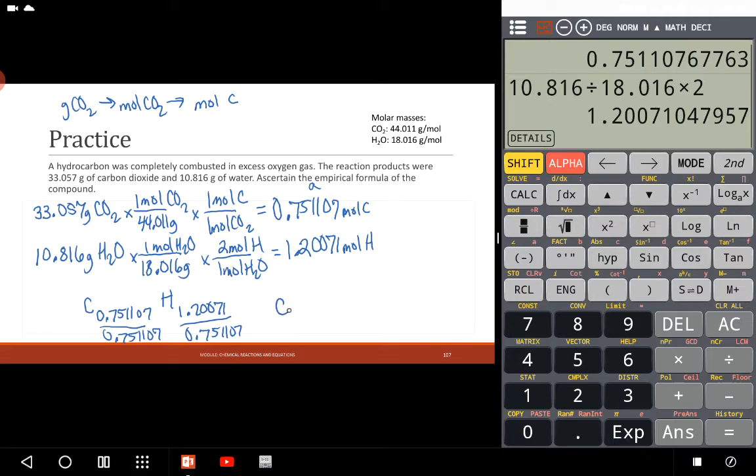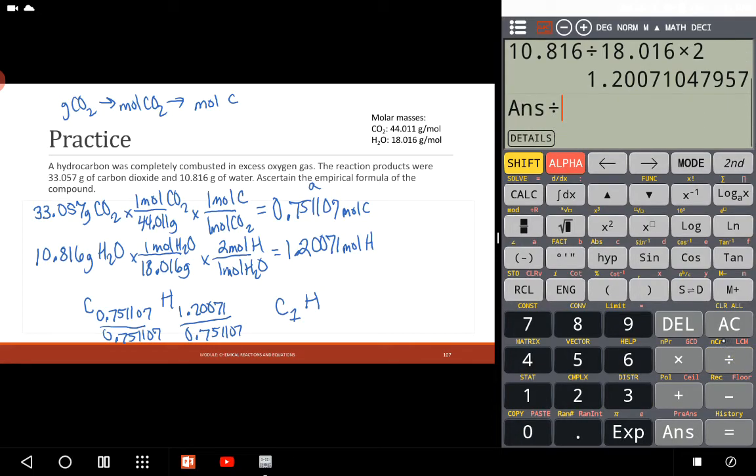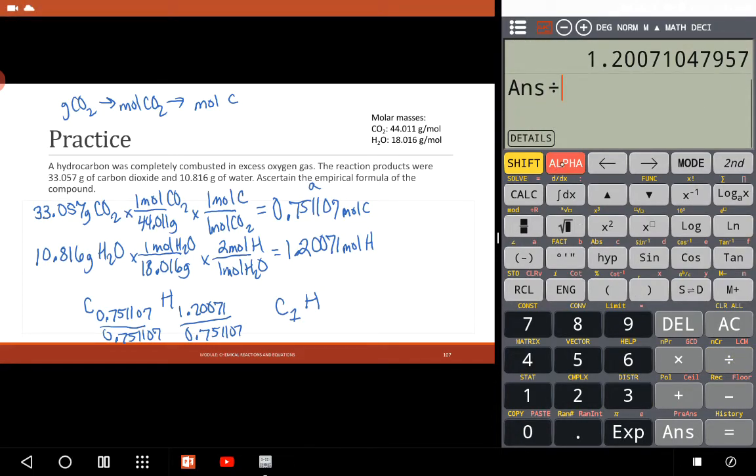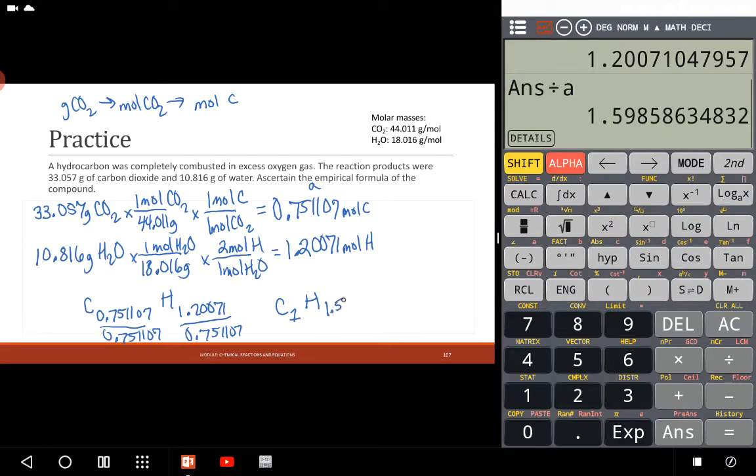And that would make my carbon equal to 1 because any number divided by itself is 1. And now I got to divide that number on my calculator by the carbon, and that gives me 1.598.